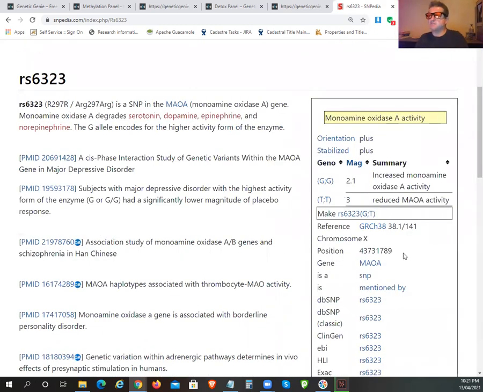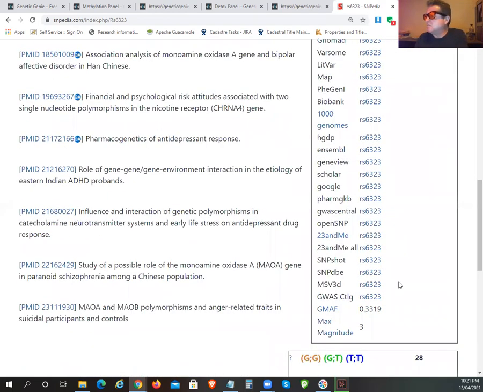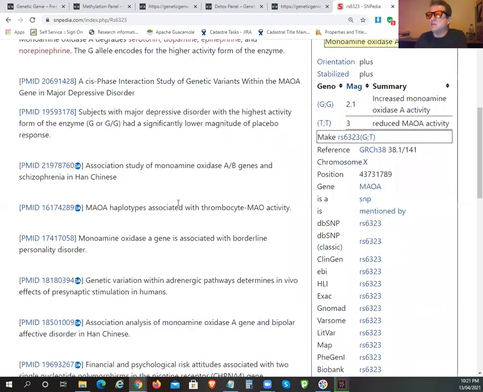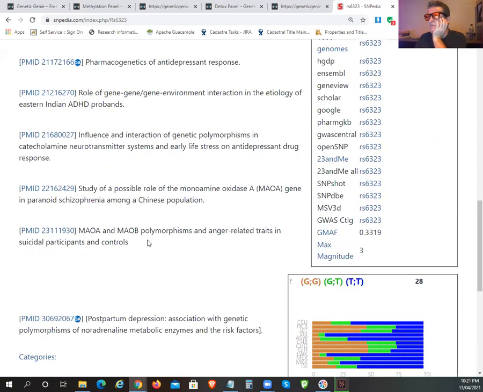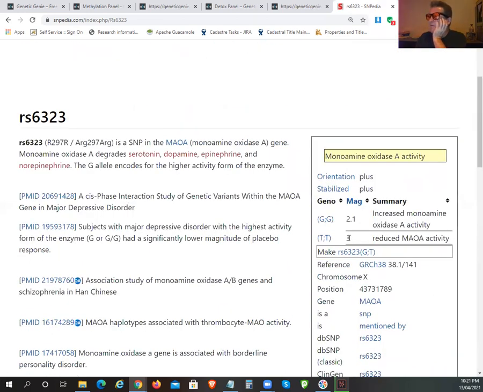So yeah, that's basically the way you can look these up. You'll get some associational studies in regards to this, some risks. A lot of this is associational, so I pretty much don't give it too much credence. That is quite high in that regard.